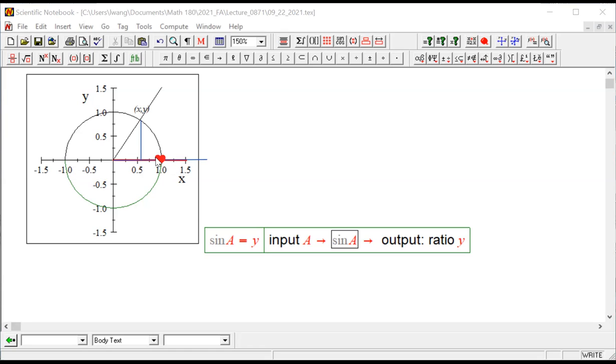What's the y value for this point? 0, right? Very good. Now, if I choose another terminal, I measure another angle from standard position. And for this point, what is y? Y is the sine output.